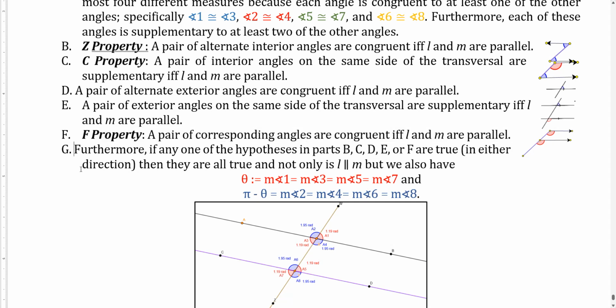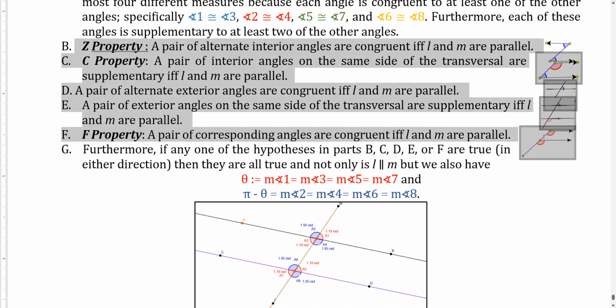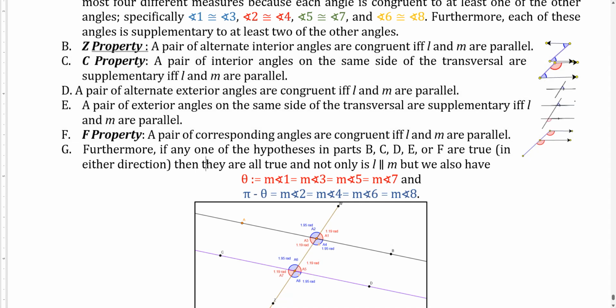Again, the if and only if works in Euclidean geometry, and these work in one direction in hyperbolic geometry, but not in the other. But they work in both directions in Euclidean geometry. Okay, so this is a very, very important result.